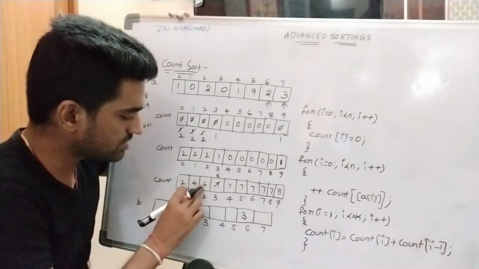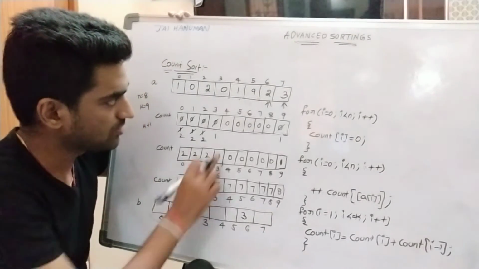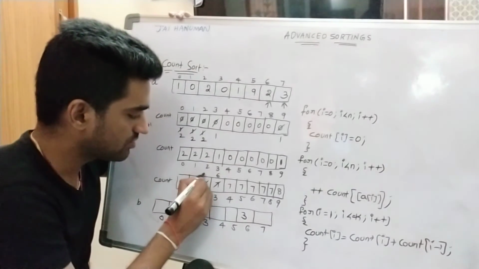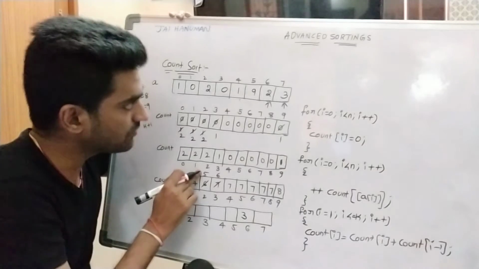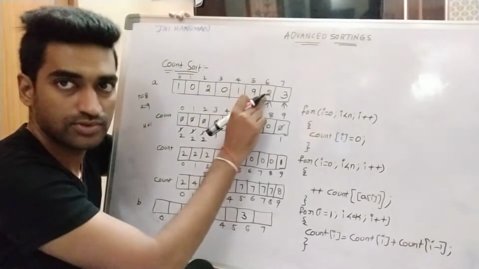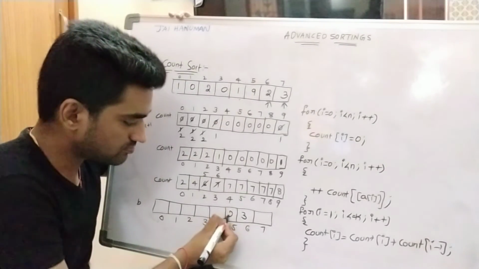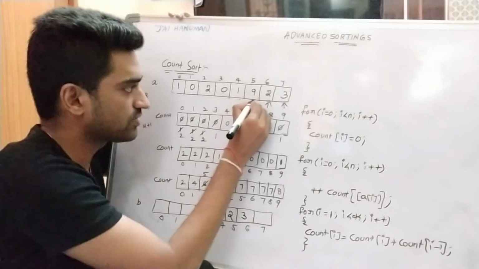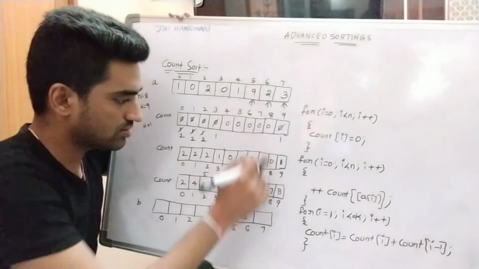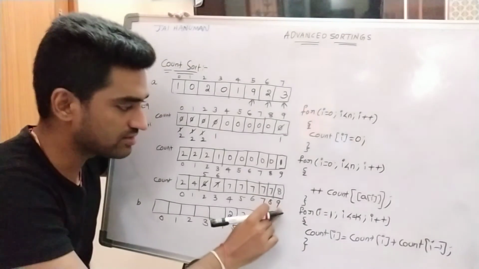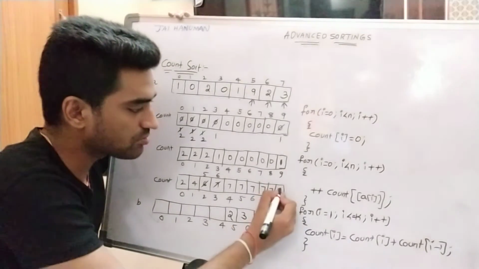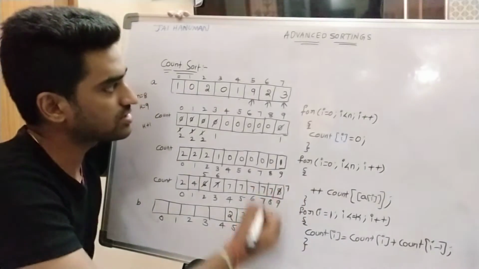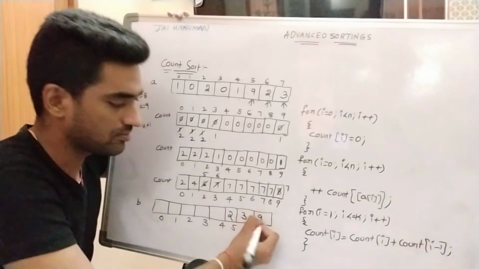Index 2 contains 6, that is decremented by 1. So this is 5. At the 5th position we are storing 2. So this is also completed. Go to the next one, 9. Go to the 9th index, then it is decremented by 1. This is 7. At the 7th position we are storing 9.